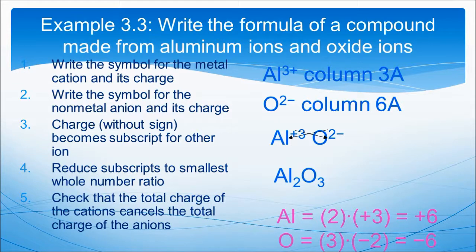In the case of oxygen, we have a subscript of 3, and oxygen has a minus 2 charge, and so 3 multiplied by 2 equals minus 6. And that is how you write the formula of a compound made from aluminum ions and oxide ions. If you follow these steps, then you can write the formula for all ionic compounds.